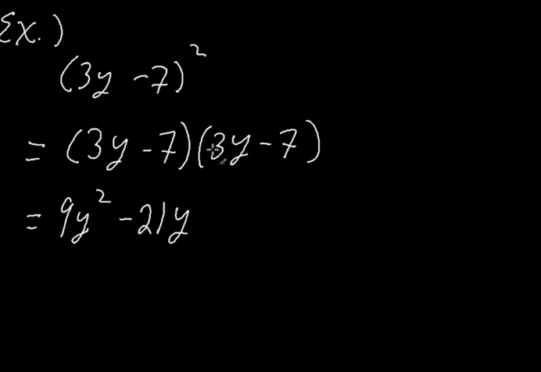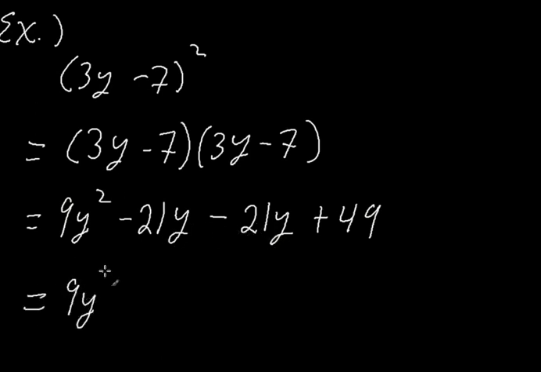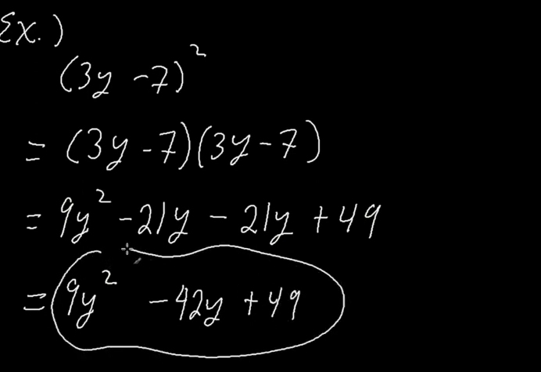Negative 7 times 3 would be negative 21y again. Negative 7 times negative 7 is positive 49. I have 2 of the same thing, so I need to put these together. I'll carry the 9y squared down, and so this would be negative 42y plus 49. Okay, this is the final answer.